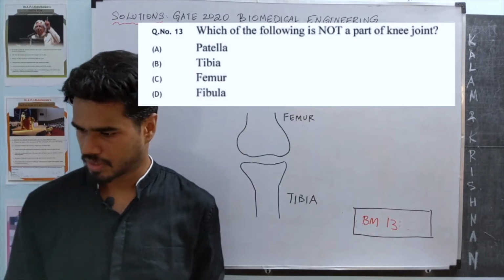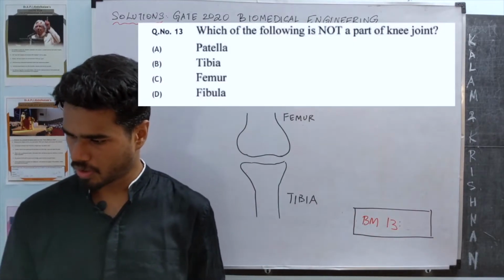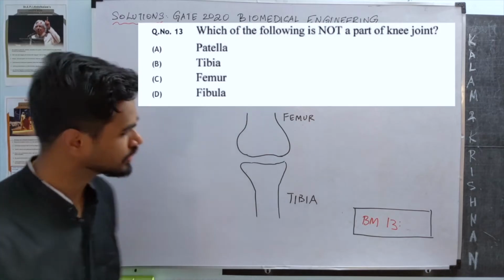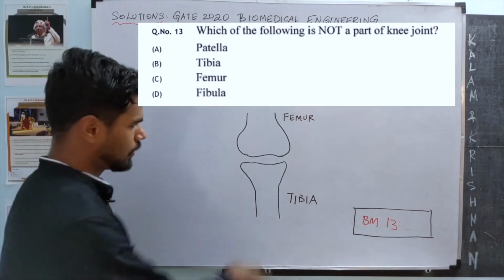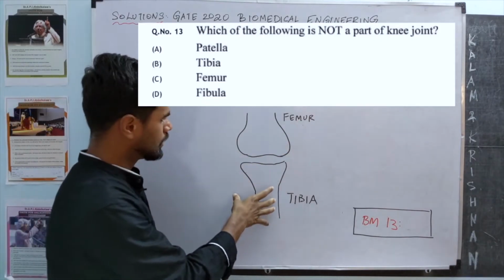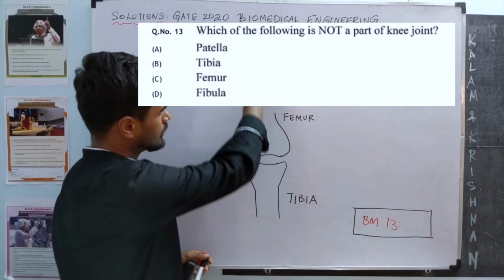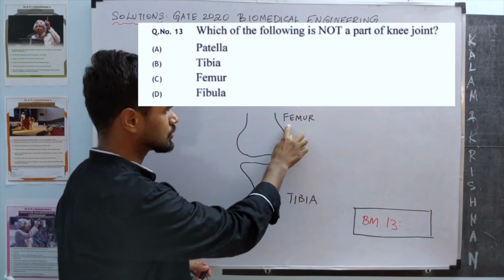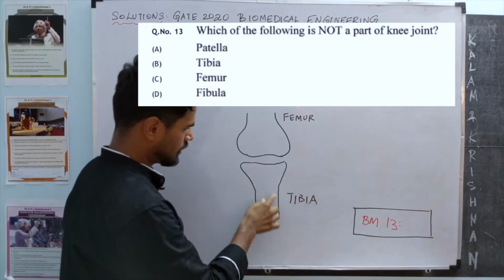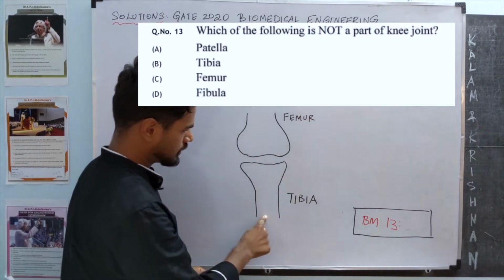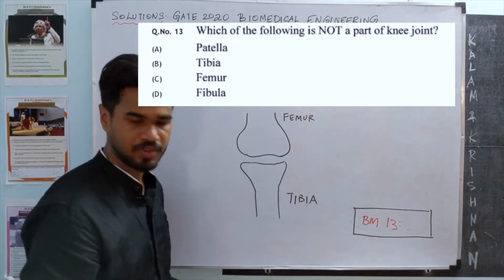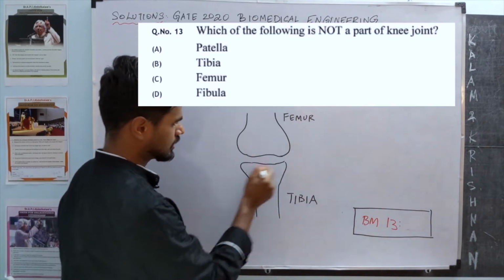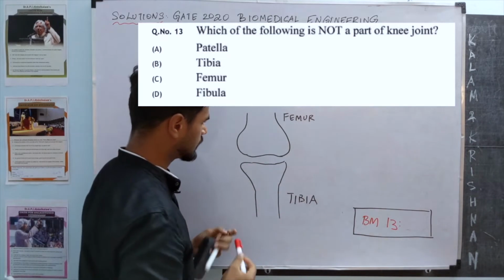13th question. Which of the following is not a part of the knee joint? So let's look at a knee joint. We have the thigh over here and the bone corresponding to that, one of the longest bones, the femur, and the bone beneath it is known as the tibia, right? These are connected by cartilages and all that.